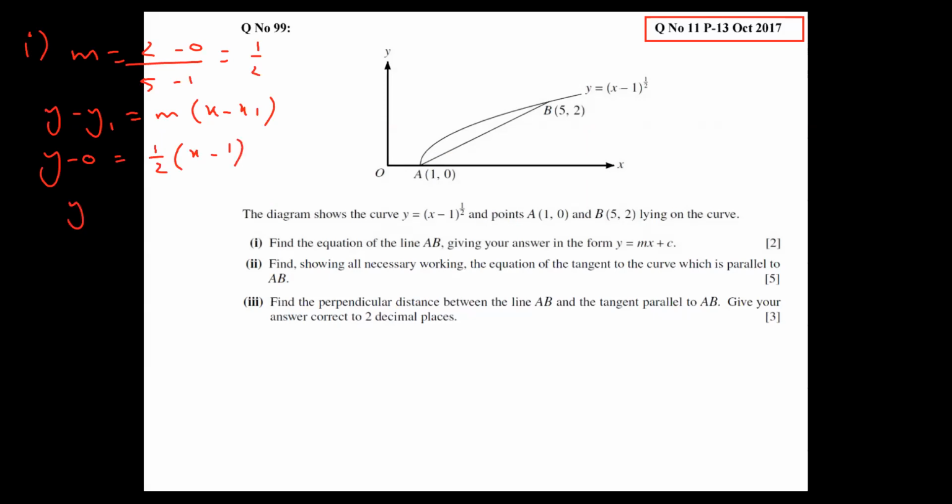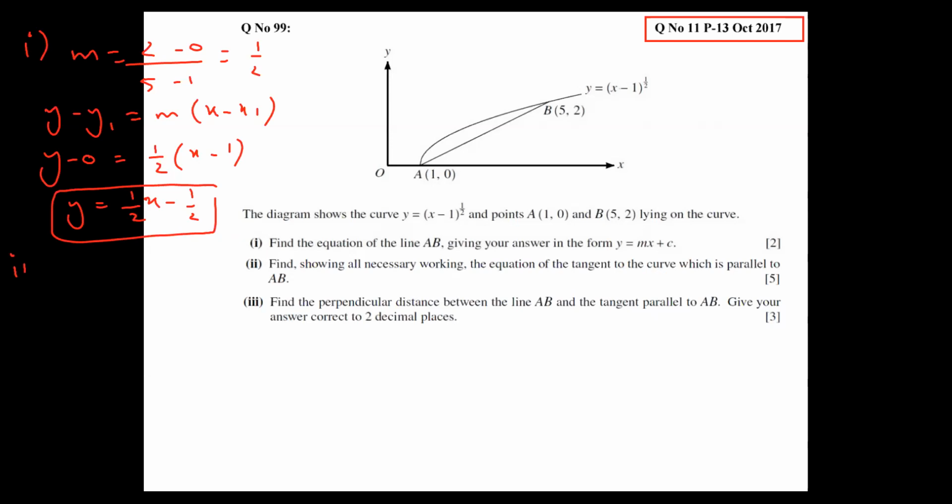So you can say y equals half times (x minus 1). You can leave it as it is, but he asked for a specific form, so we have to multiply the half inside. So we get half x minus half, and this is our required answer. First part is done.